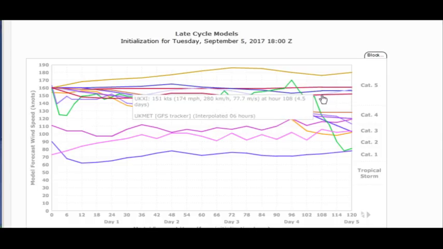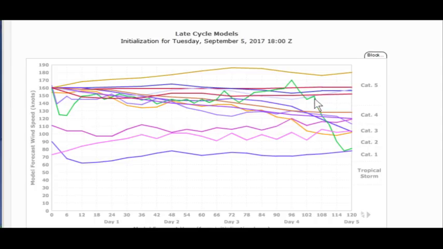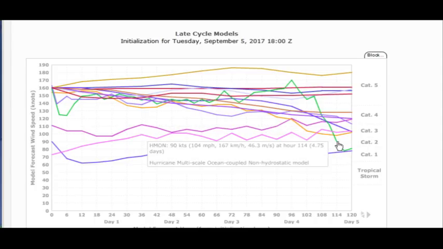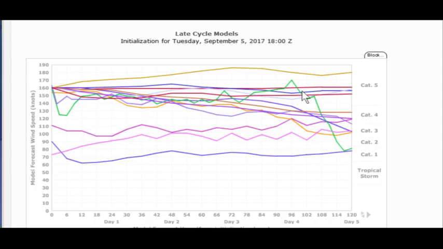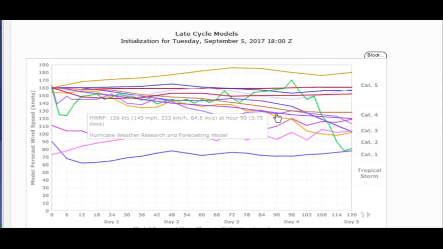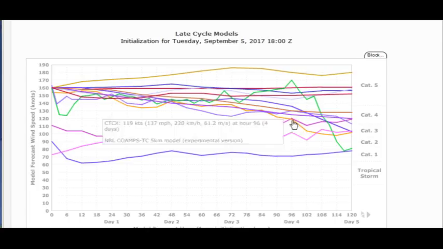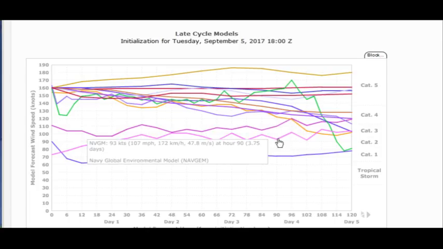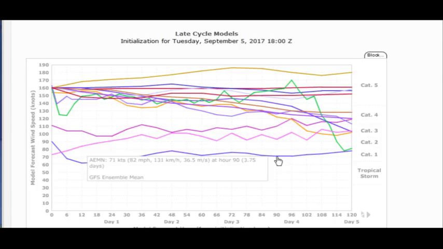Canadian model, UK Met doing about the same. The green line is the HMON. I don't know what's going on here. It had it very severe there and then dropped that off. And I think our power went out. HWRF. Okay. And then these outliers down on the bottom.